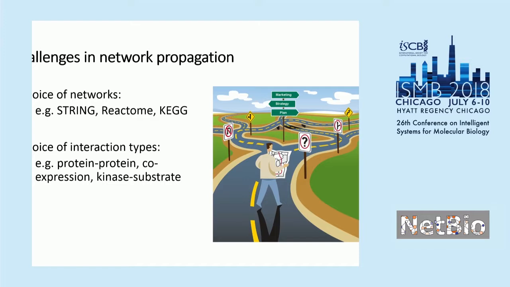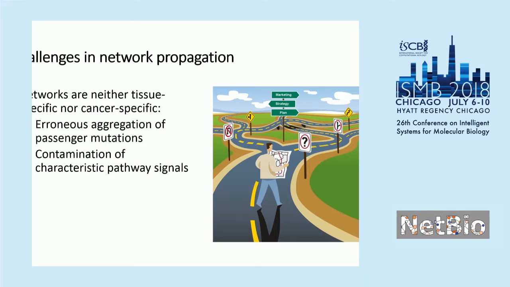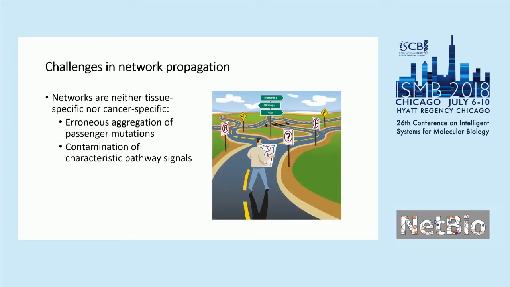Although this type of algorithm is promising, it has some open challenges, such as the choice of networks, the choice of interaction types, and specifically for cancer study, the reference molecular networks are neither tissue-specific nor cancer-specific.